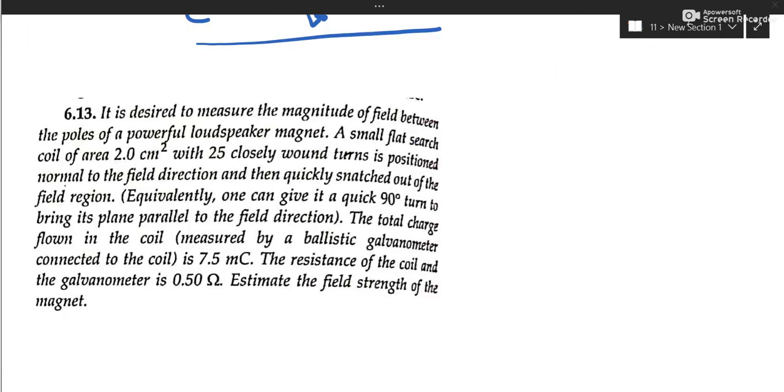Let us get to the next question. This is area, number of turns. So area is given, number of turns is given. But there is a coil which has been snatched out of the magnetic field.